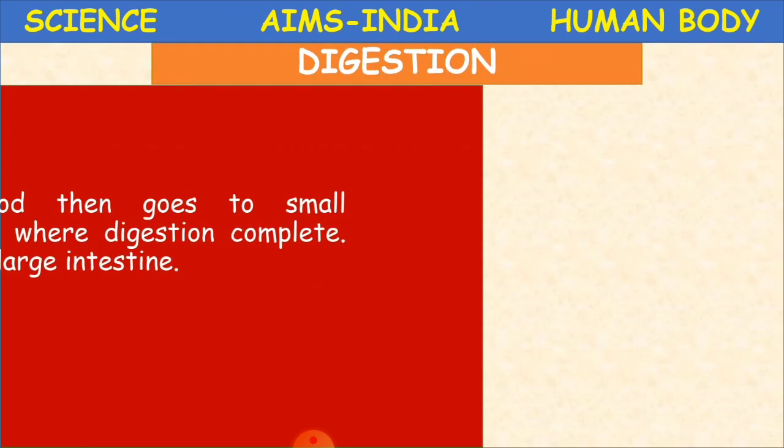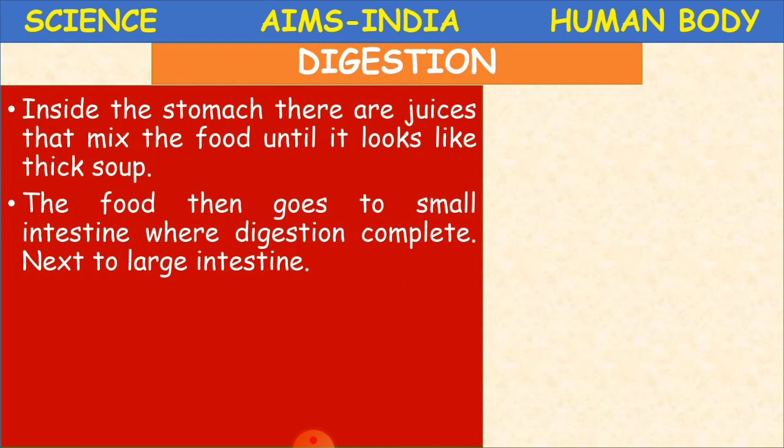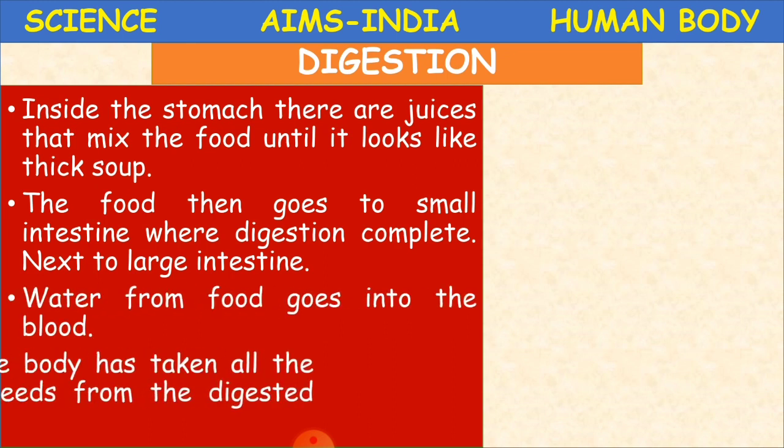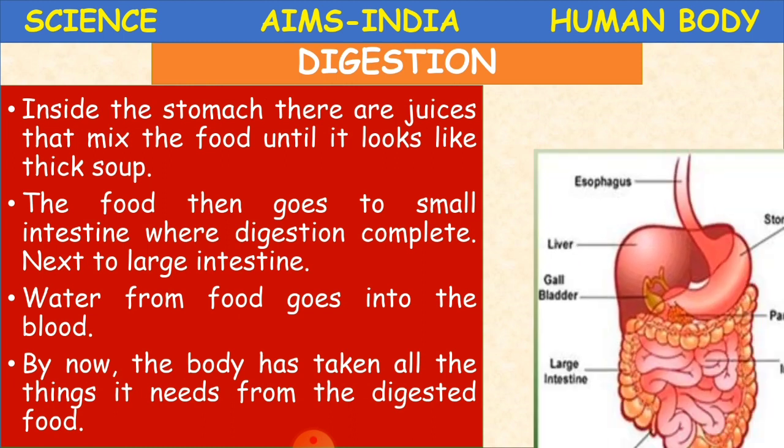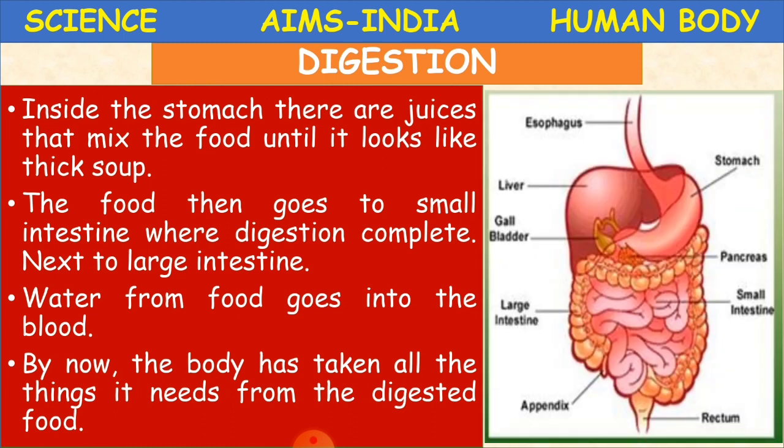We'll see here. Inside the stomach, there are juices that mix the food until it looks like thick soup. Inside the stomach, we have some juices, and they mix the food until it becomes like a thick soup. Already we chew our food into small particles, it becomes smooth, and then we swallow it, and that food travels along the food pipe and goes into the stomach.